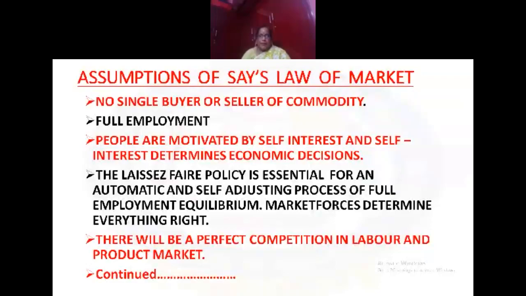Third, people are motivated by self-interest, and self-interest determines economic decisions. Fourth, the laissez-faire policy is essential for an automatic and self-adjusting process. J.B. Say says it will be an automatically adjusting process of full employment equilibrium.